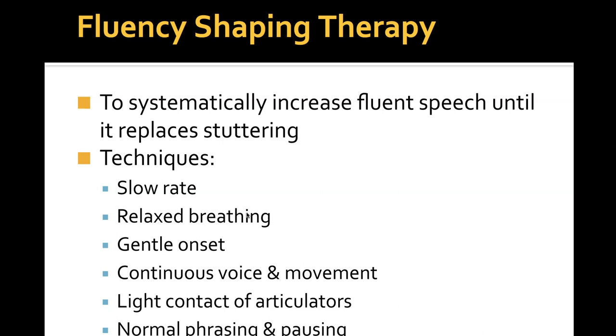And again, practicing this, some people are able to get up to it sounding pretty normal when they pause and phrase. So these are just different, depending on the type of fluency shaping therapy you'd go to. Some would work on just one of these. Maybe they package a few of these together to work on certain targets to help people be more fluent.